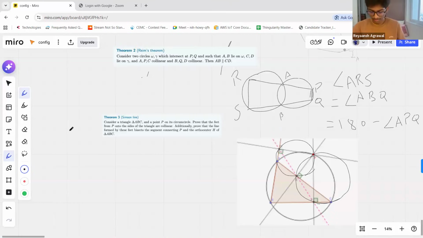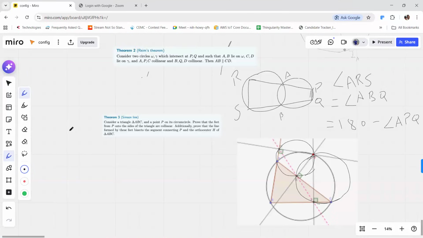Great. So then why does that show collinearity? We need to show that angle DEF is 180. So we can break it down: one part is DEP and the other is PEF.